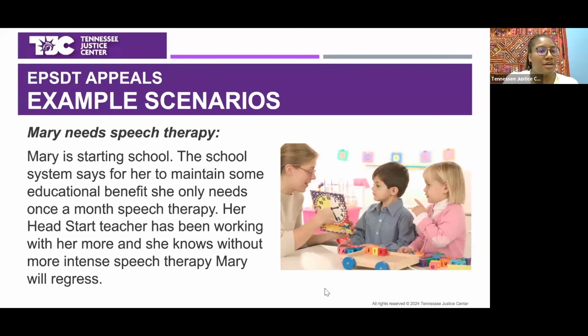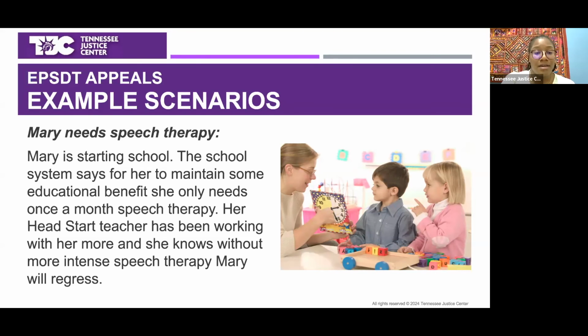So slightly different scenario, Mary needs speech therapy. This is a child who is starting school, and within the school system, the family's told that for her to maintain her educational benefits, she only needs speech therapy once a month. Her teacher, who's been working with her, knows that without more intense speech therapy, Mary will regress. Once again, there is a benefit being provided, but it's limited, only once a month.